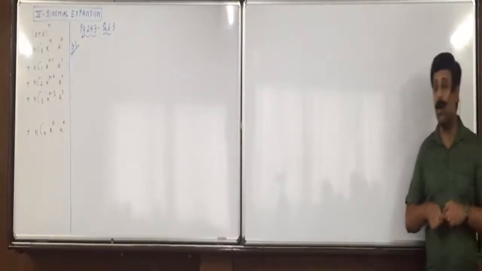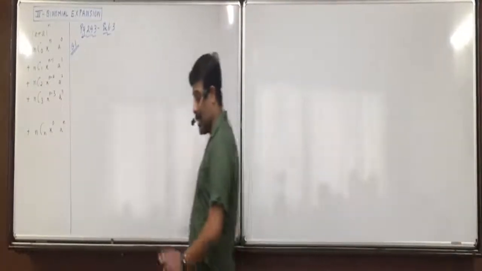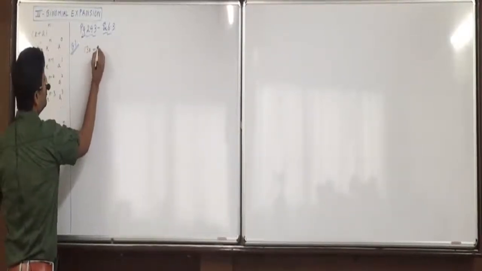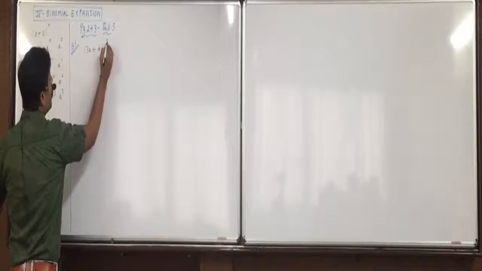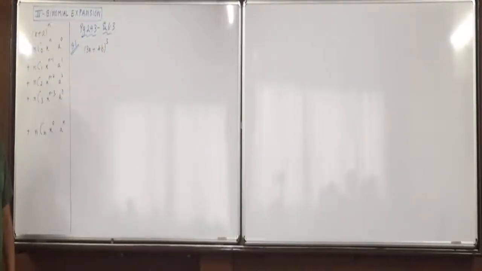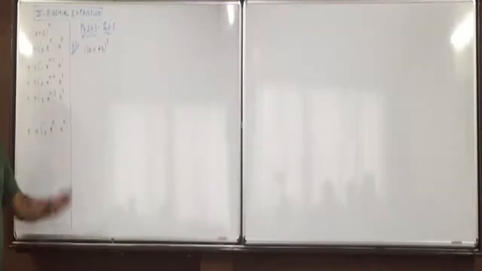3a plus 4b whole raised to the power 3. First one I'm explaining thoroughly, so understand it well. 3a plus 4b whole raised to the power 3. As I solved, we'll be solving this complete topic vertically only. Everyone has written this?